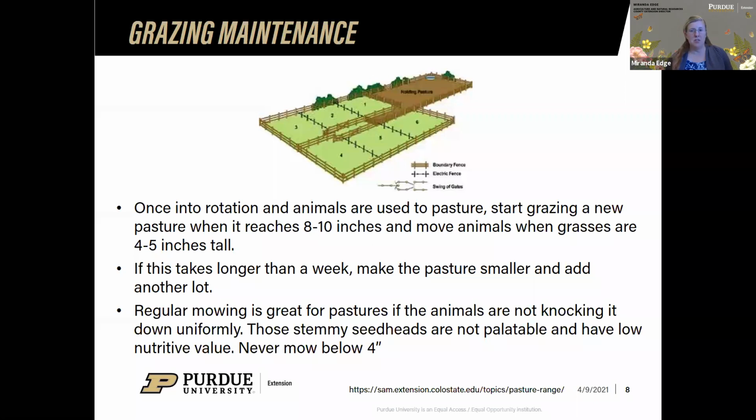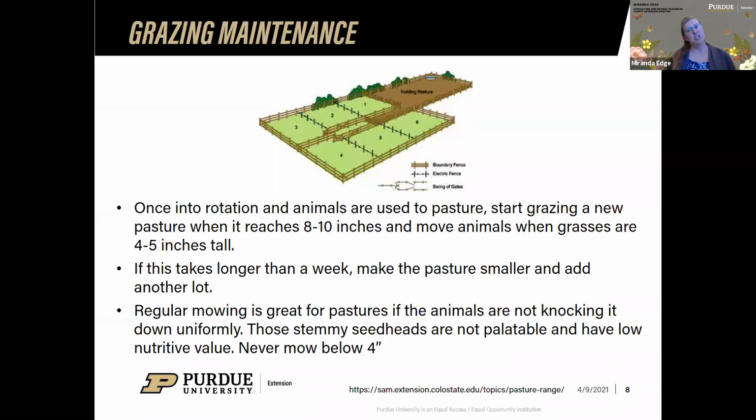And so it kind of depends on the plant. It depends on the animal. And of course the nutritive value and when that particular plant seed heads out. There's no one particular system and guideline to tell you how to move animals within a rotation. 8 to 10 inches is about that rule of thumb mark where they start to really drop in nutrition, so I don't like to see anything go above that 10 inches.